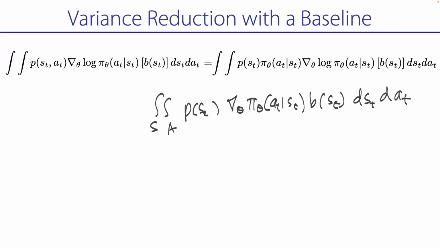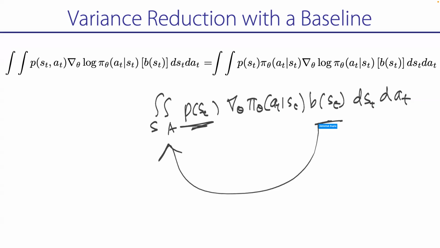So look at these integrals. Which things depend on S, which things depend on A, and which things don't? Remember, the baseline just depends on state, not on action. And the state distribution just depends on state, not on action. So this term and this term you can take out.